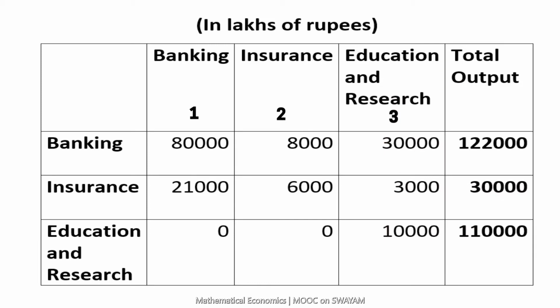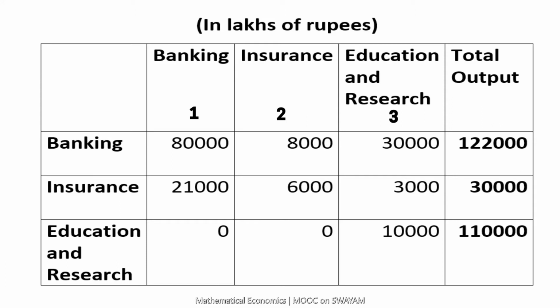This table shows that education and research service is not required or used in providing banking and insurance services. But education and research require or use banking and insurance services. Since this table shows the interdependence among the 3 service sectors, this table may be called an input-output table.